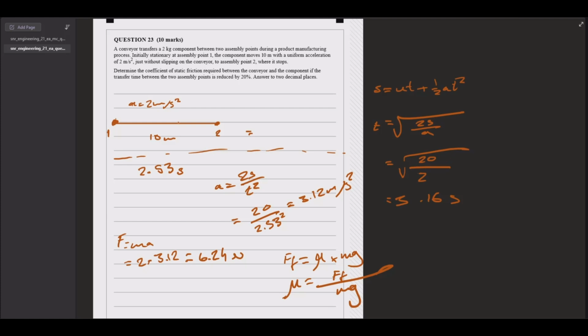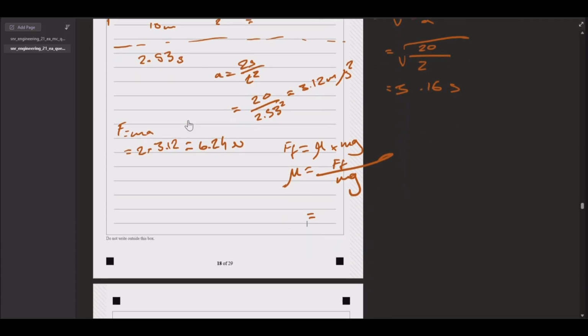So for the second part of this question, while we are reducing the time by 20%, we are doing that by increasing the speed of the conveyor belt, but we also need to keep the component from slipping, so increase the coefficient of static friction, which means that Ff is going to equal the acceleration that we calculate for the component, or just mass times a.